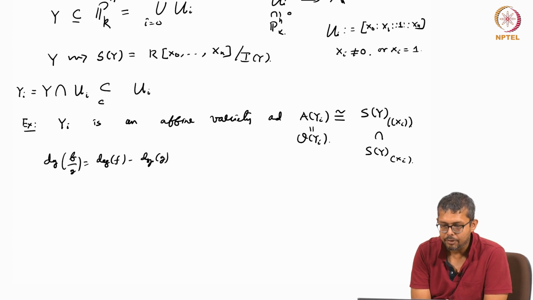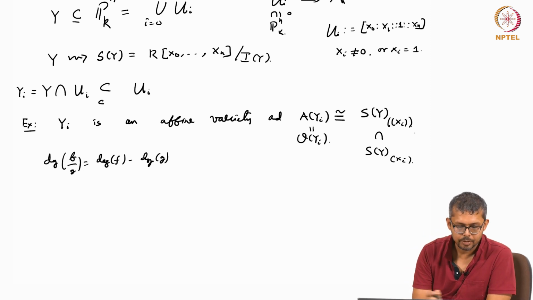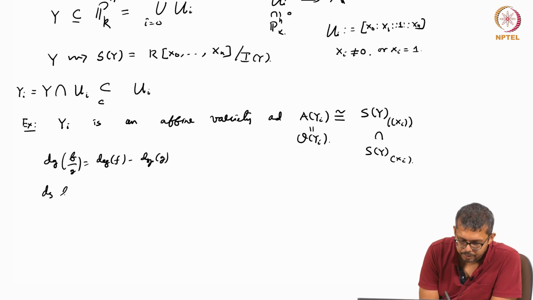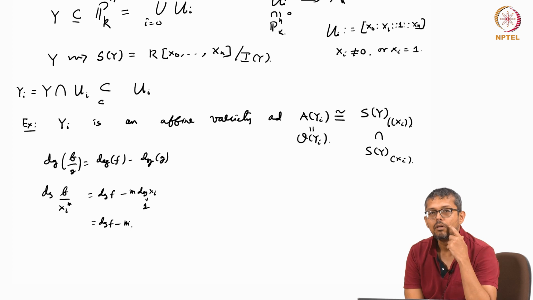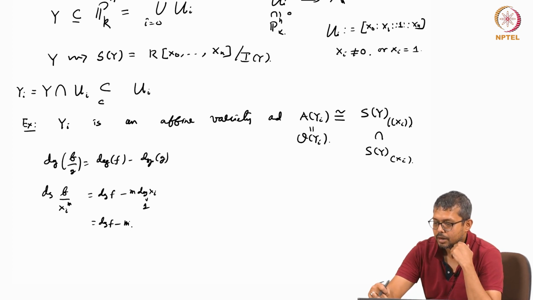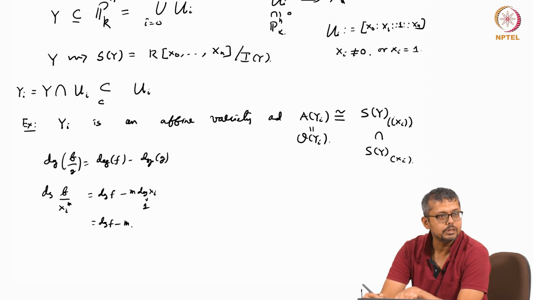That is how you define it for any element. So you are inverting some elements, right? For example, the degree of f by xi power m is the degree of f minus m times the degree of xi, but the degree of xi is 1, so it is the degree of f minus m. So degree 0 part means elements of the form homogeneous of degree 0.